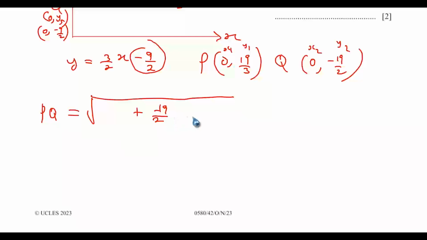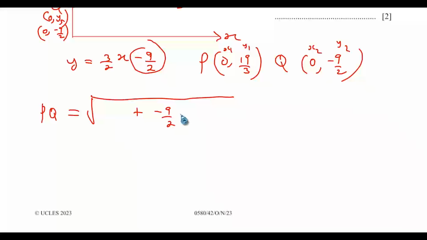Okay, then plus, this is minus 9 over 2 here, then minus, I'm doing y2 minus y1.